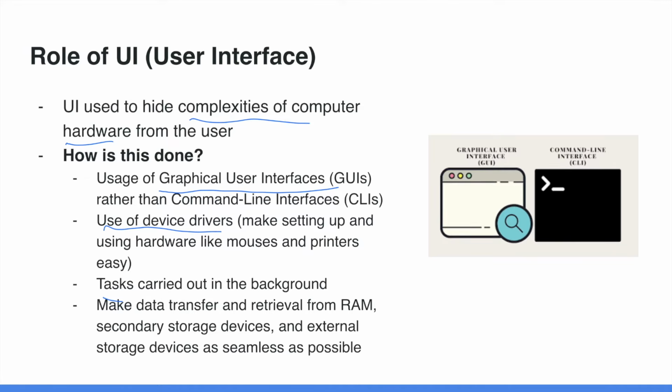Now, the final way in which the user interface can hide the complexities of computer hardware is through making data transfer and retrieval as easy as possible. Like a lot of what you're doing on the computer is reading data, editing data, or saving data in some way.